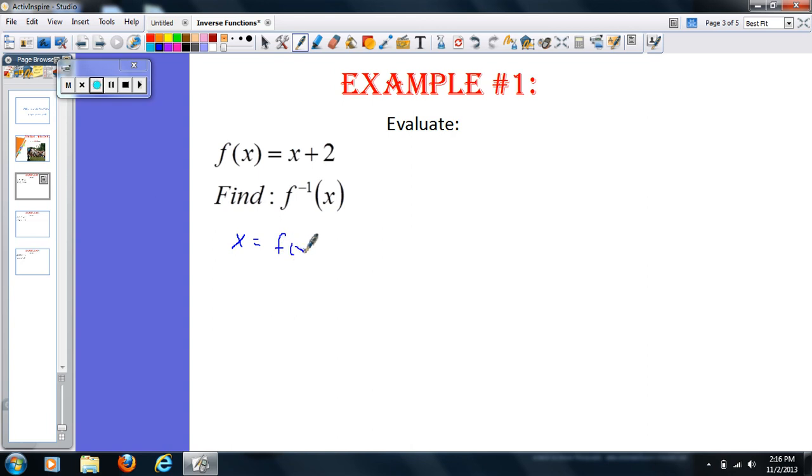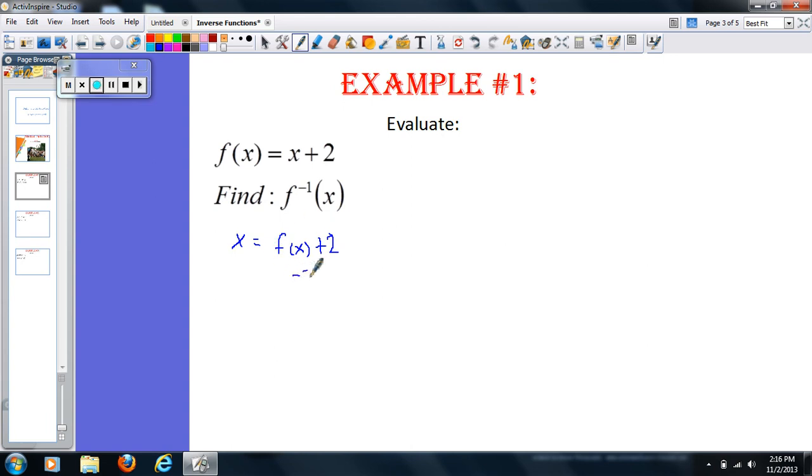So I'm going to do x equals f of x plus 2, basically these two switch spots, okay? And in doing so, now you're going to solve for f of x.